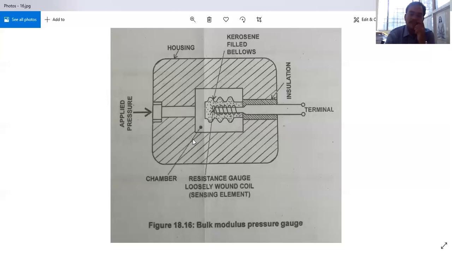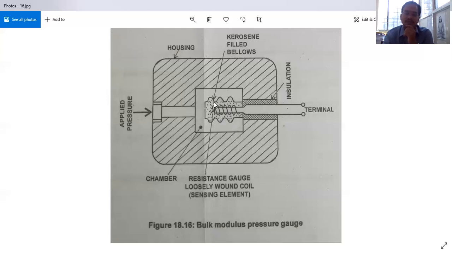So here what is happening is compression is taking place. Because of compression, the resistance is changing due to the change in bulk modulus. The bulk modulus is stress divided by the change in volume. The volume is getting changed. The greater the change in volume, the lesser will be the bulk modulus.